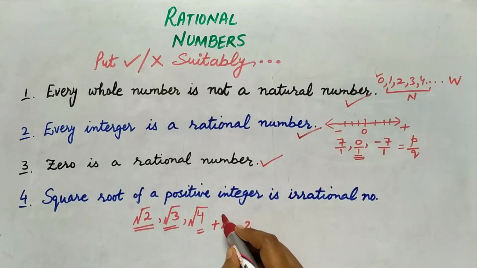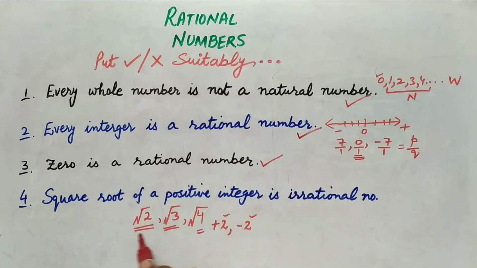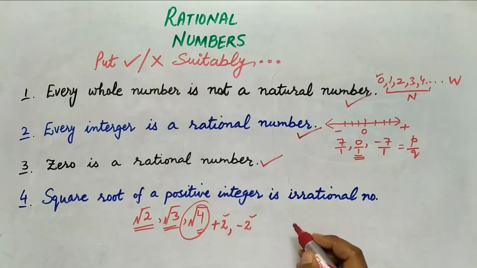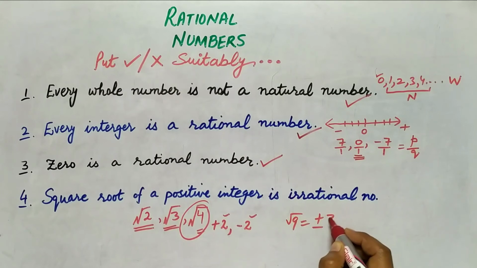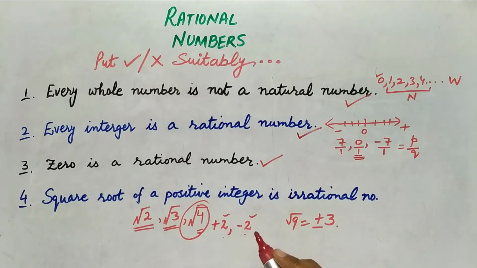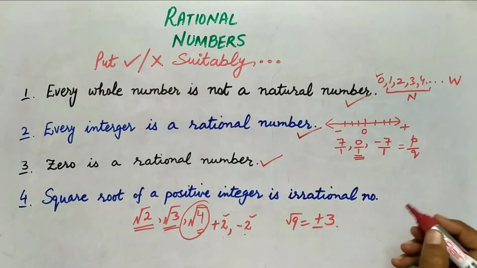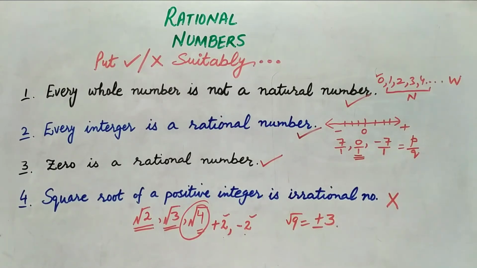It means these are perfect numbers, proper integers. Similarly root 9 has the value plus or minus 3. These are rational numbers. So the statement that the square root of a positive integer is irrational is wrong. It is not correct.